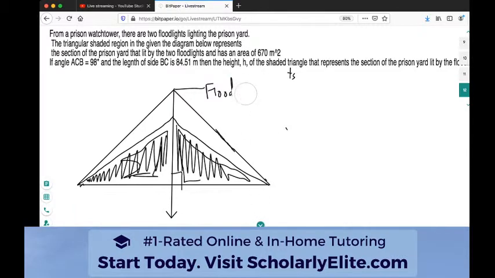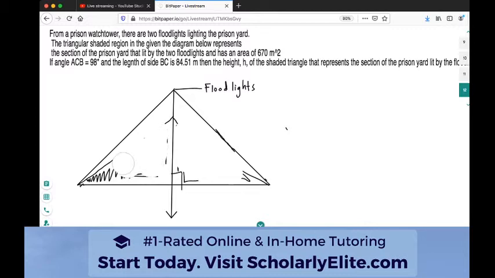Let me write that a little bit nicer. I promise we're almost done setting this up, you guys. I just want to show everybody what we're talking about. So if these are the floodlights, and I'm going to erase this shade because it's confusing to people. But this is going to be the shaded region, okay? So just keep that in mind.